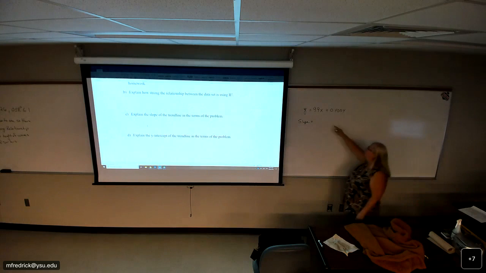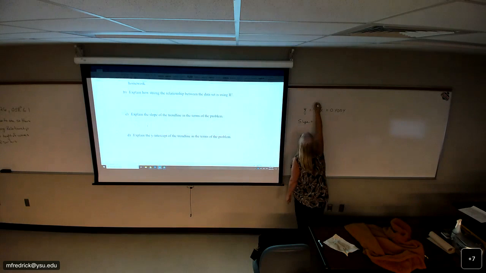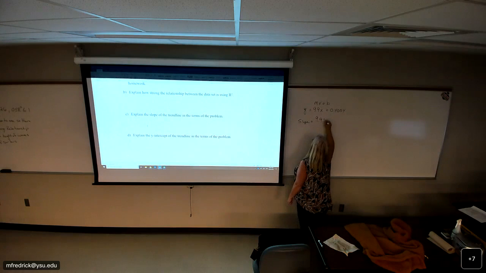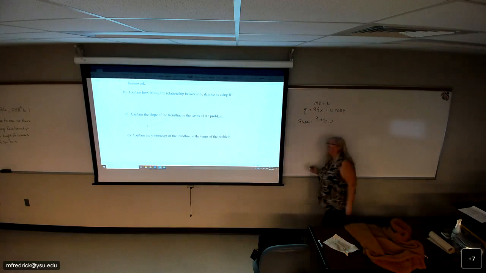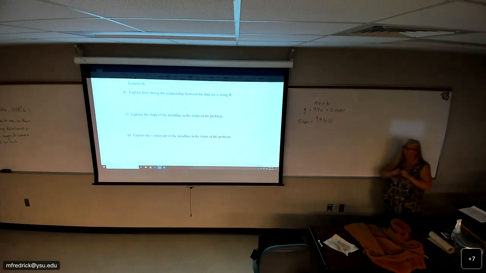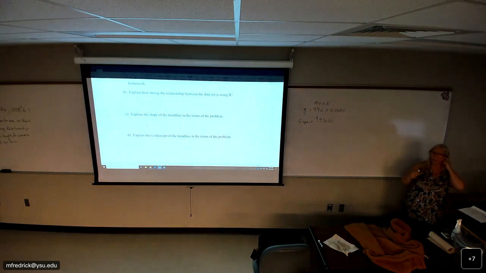Remember, your slope is attached to your X value. I rounded it because it's really close to 10. And it makes more sense.